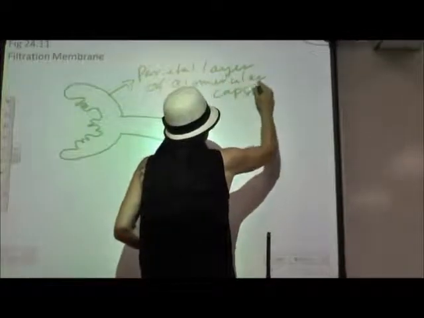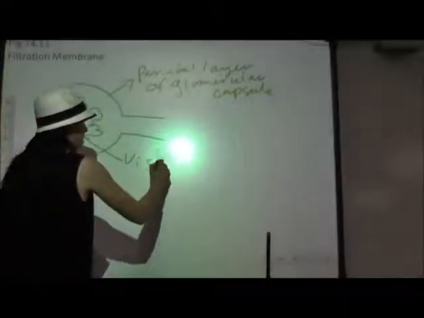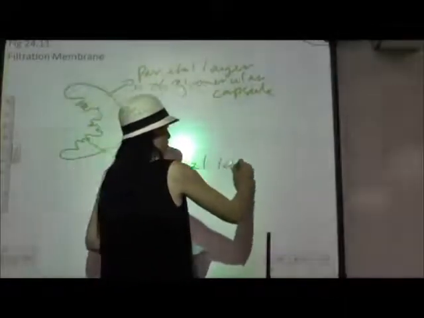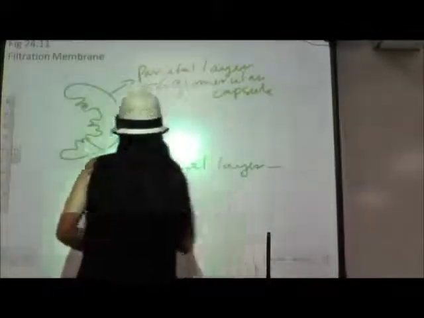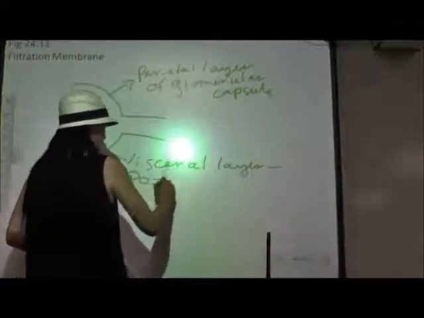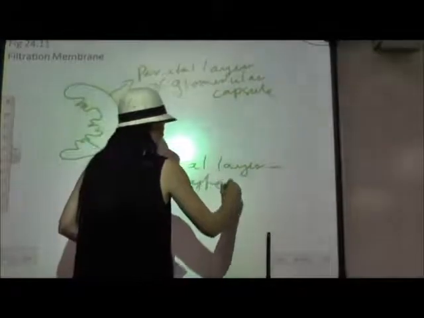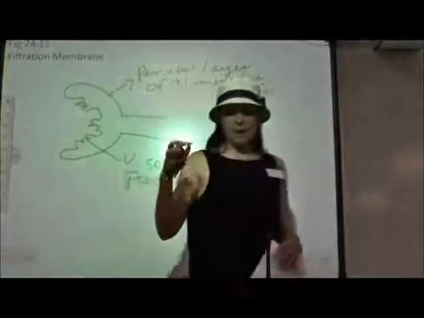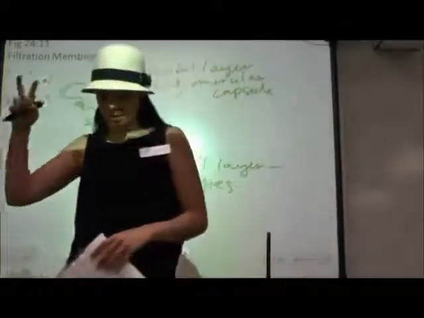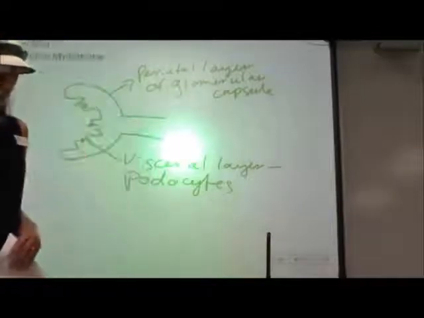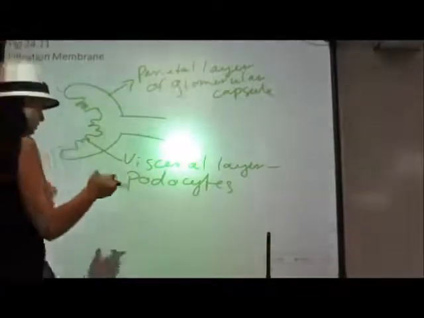This is also known as Bowman's capsule, so either name is acceptable. The inner layer is the visceral layer, and the cells there are called podocytes. The podocytes extend these pedicels, or feet, that are going to wrap around our arterioles that are coming through.